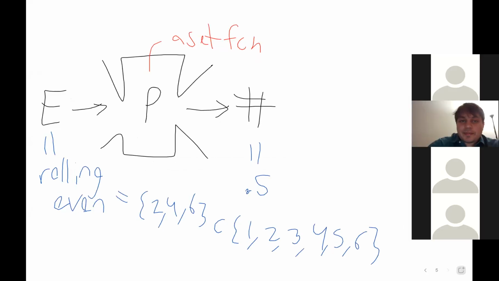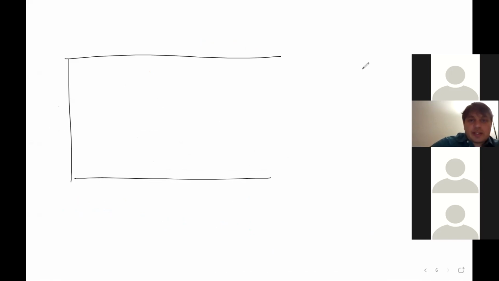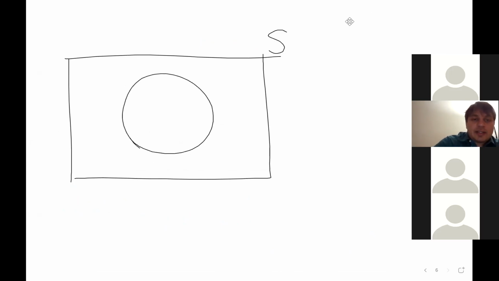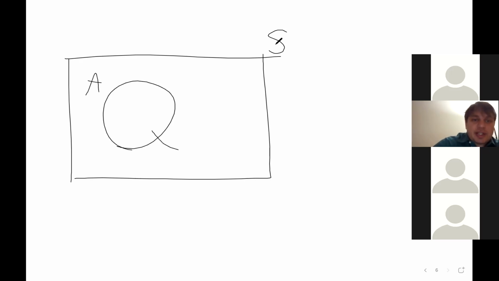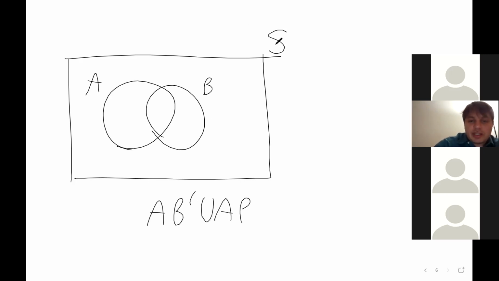So, okay, let's say you have your universal set S, and so you have your set A, and you have your set B, and so you have AB prime union AB union A prime B.